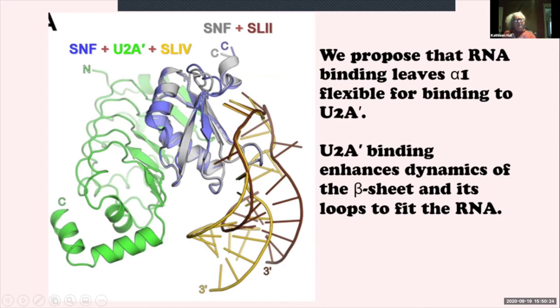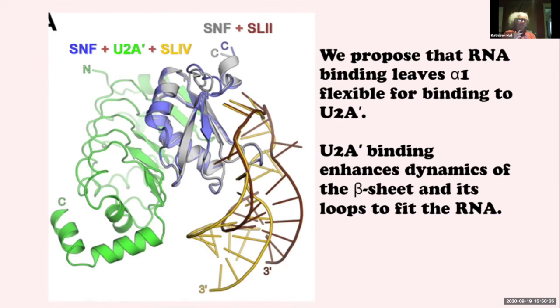The flip side is that when U2A prime binds, it doesn't change the dynamics of the RNA binding surface, but it allows it to still remain flexible so that it can bind to the RNA. So we've got sort of a compensatory interaction going on here. And again, what's really interesting is that the structure of the RRM is not changing. It's not a question of large structural changes that are driving the interactions.